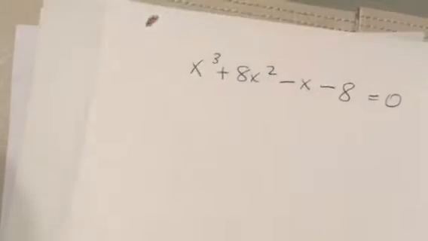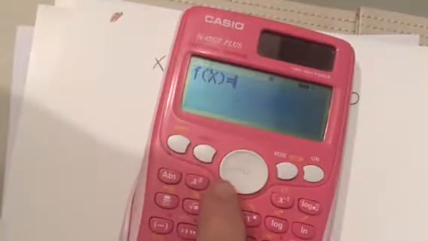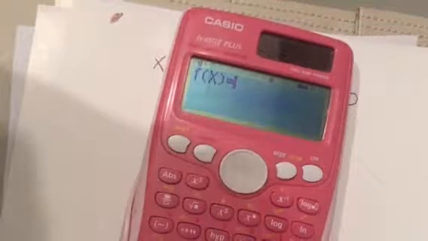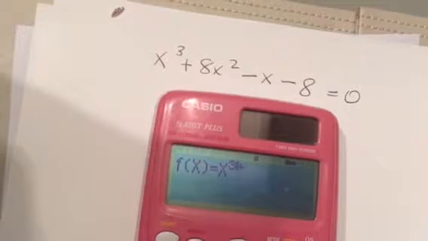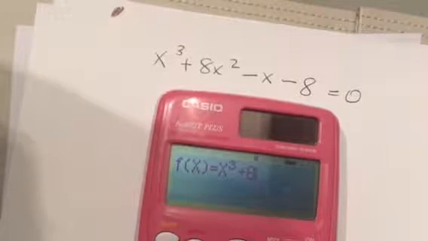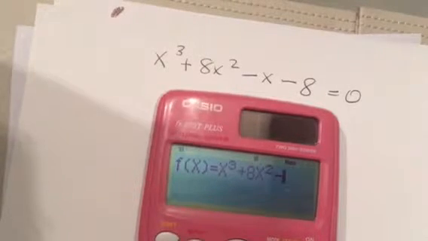When we go back here, if I want to find a factor, I can throw this into my calculator. I'm throwing in x cubed plus 8x squared minus x minus 8.